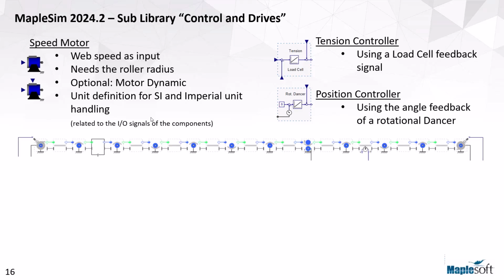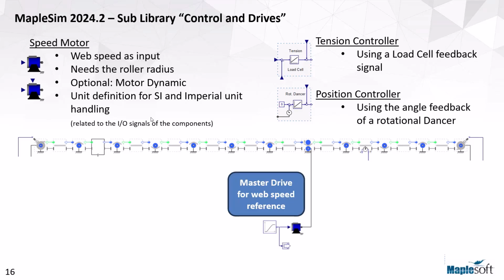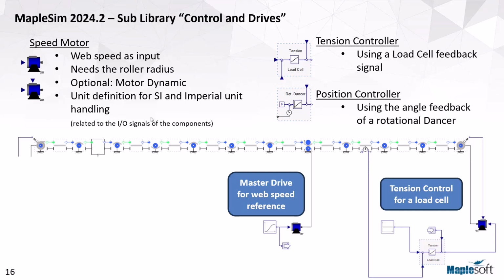How does it look in our model now? At first, we define our master speed drive, just connecting the speed motor with the nip roller on the 1D port, and use a ramp. In this case, it's just one ramp for the definition of the speed signal. And on the right side, there is a tension control for the winder.